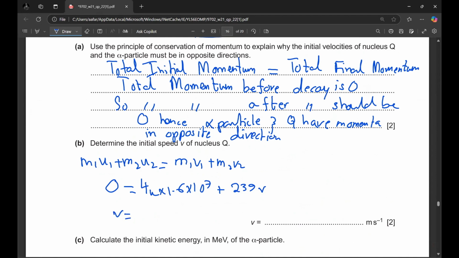And from this equation we can calculate v. Since u is on both sides, the u's cancel out. So v we get is 2.7 × 10^5 meters per second.